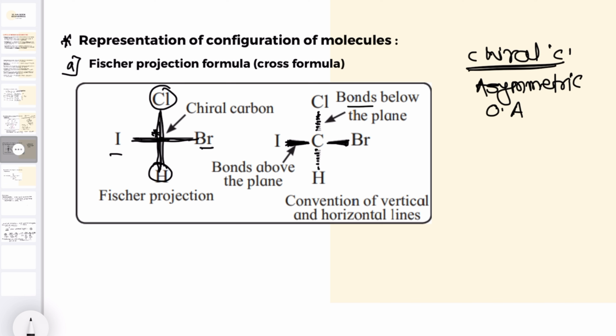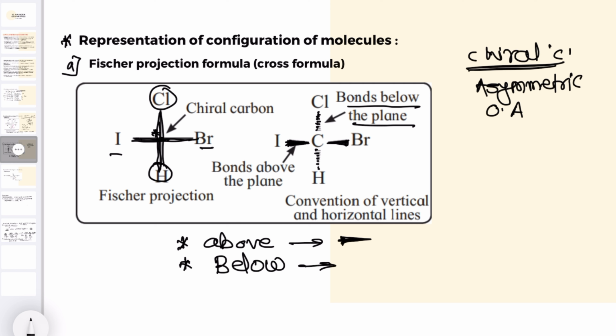That means the bond below the plane. This is the simple convention. That means in Fischer projection the bonds above the plane are shown by putting the wedge line from carbon to atoms, and the atoms below the plane are shown by putting the dotted line.